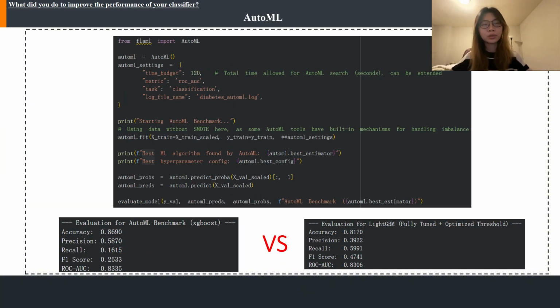I also introduced auto machine learning as a benchmark. Within 2 minutes, auto machine learning tried several models and ultimately selected XGBoost. While its ROC-AUC was the highest, its F1 score was significantly lower than our tuned LightGBM.